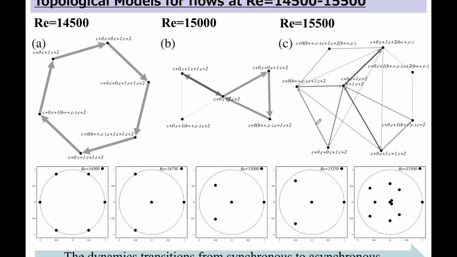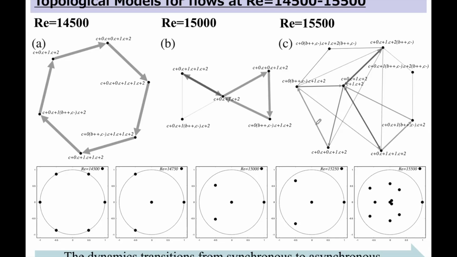But after the Reynolds number increases beyond 15200, the situation changes drastically. Here is the case of Reynolds number 15500, and as we expect, the flow evolution looks very complicated. The eigenvalues of this transition graph become like here.